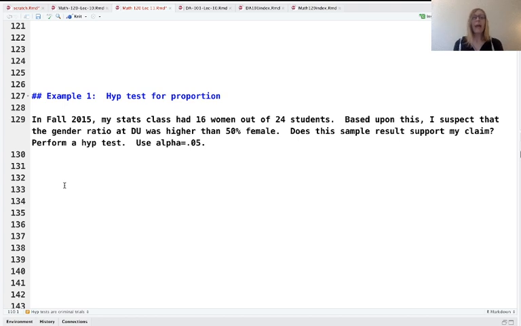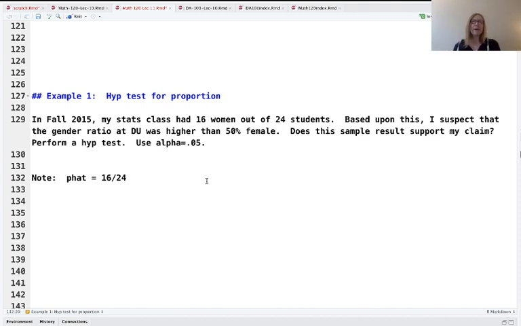So here's the setup, and this is real sample data, by the way. I really like this example. In fall 2015, here at Denison, I was still teaching this class. My stats class had 16 female students out of a total of 24 students. Maybe just to make a little note about that, that means p hat is equal to 16 out of 24. We've got a sample proportion there.